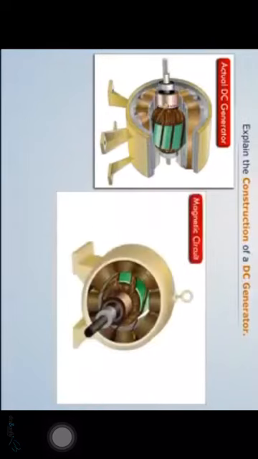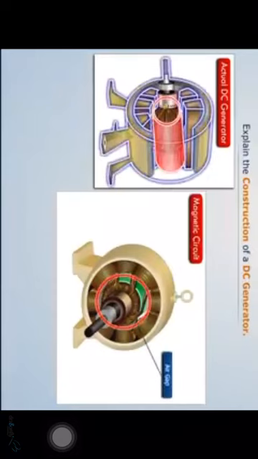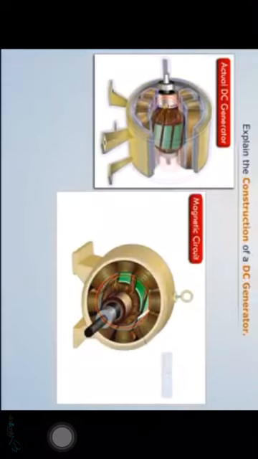Out of these parts, the pole core, the armature core, the yoke, and air gaps between the poles and the armature core form the magnetic circuit. Let's briefly describe each of these components.